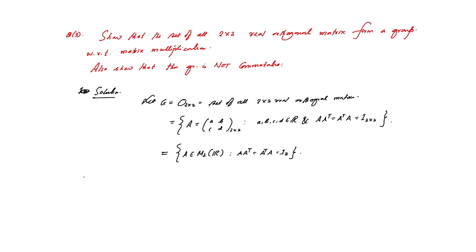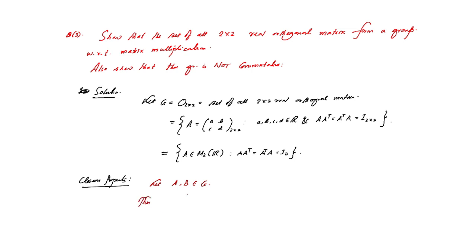So first we think about the closure property. If we take two elements here, let A, B belong to G. Then we have to show that the multiplication of two orthogonal matrices AB is orthogonal.